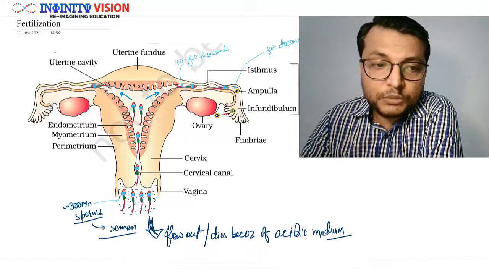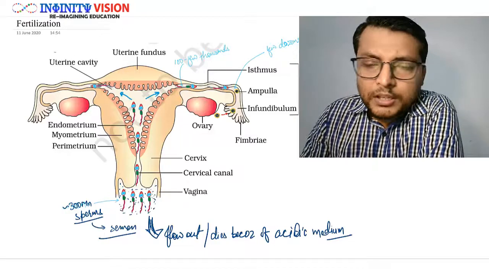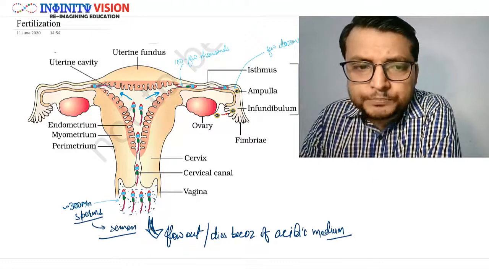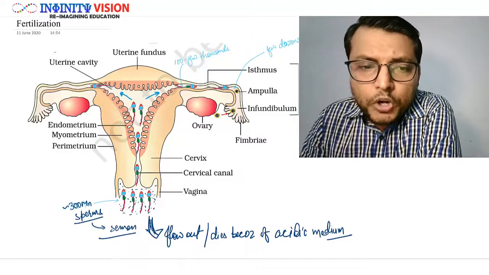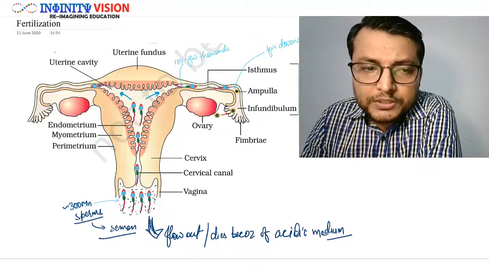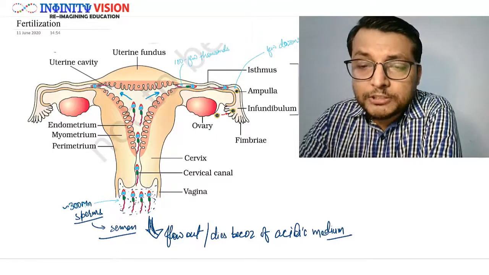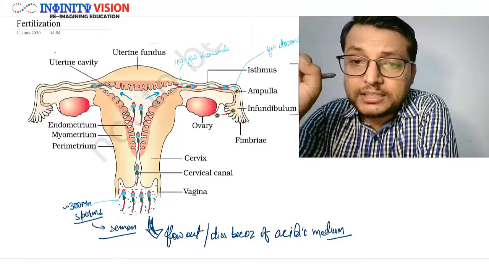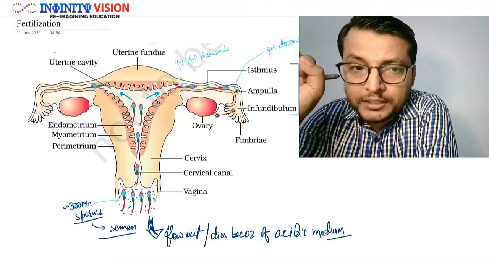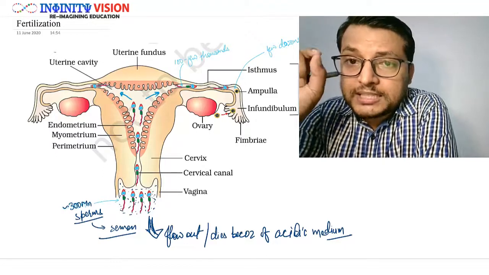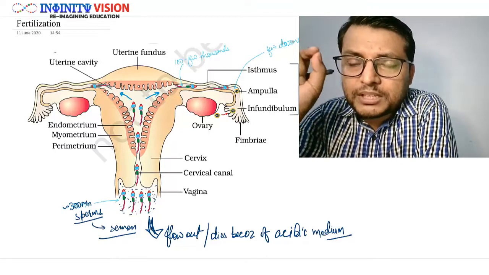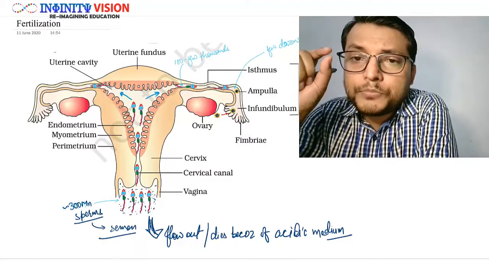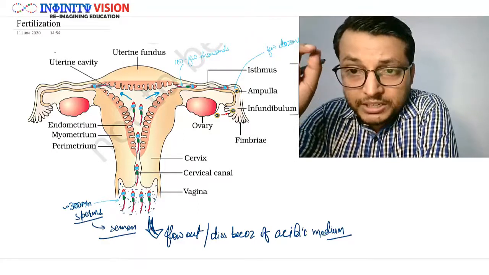Now a few millions will be able to cross the cervix. Remember the cervix? The cervix usually remains tightly closed, and inside the gap in the cervical canal a thick mucus is filled, that is called the cervical plug.